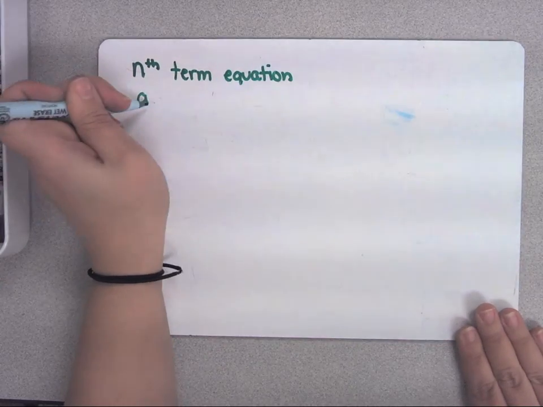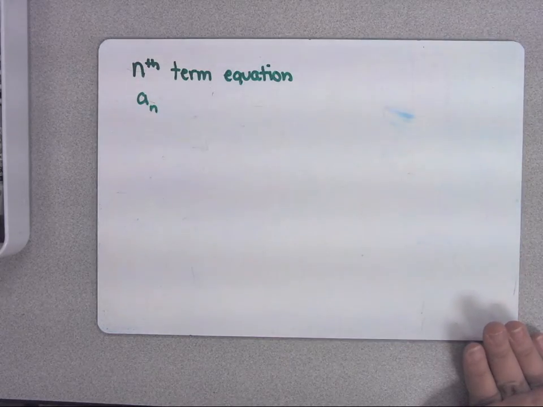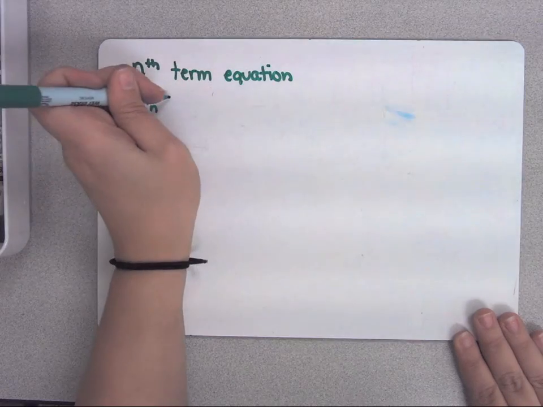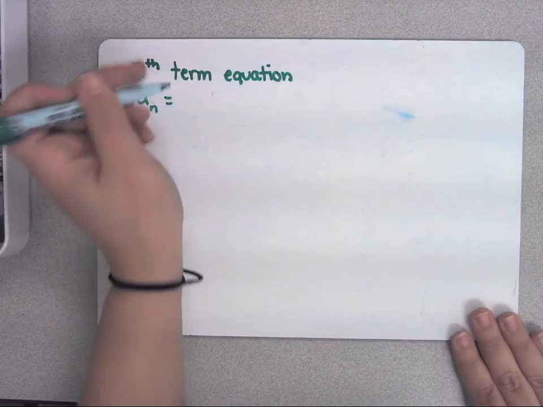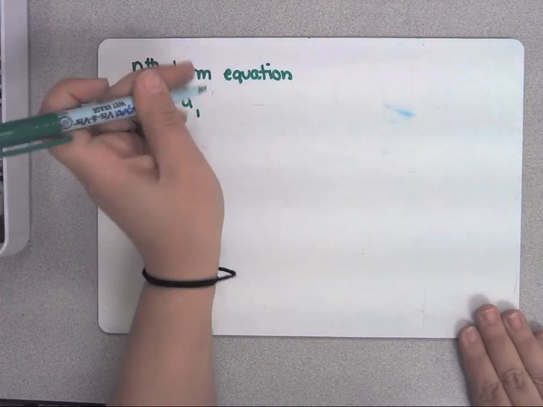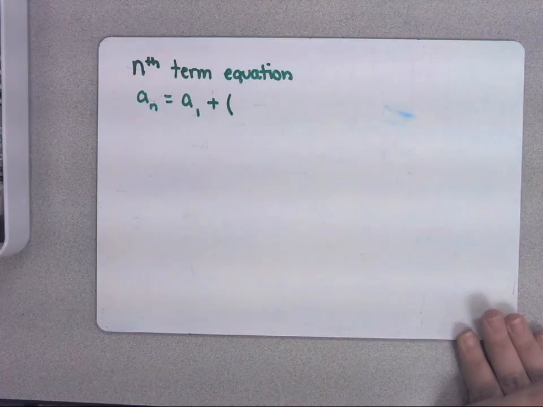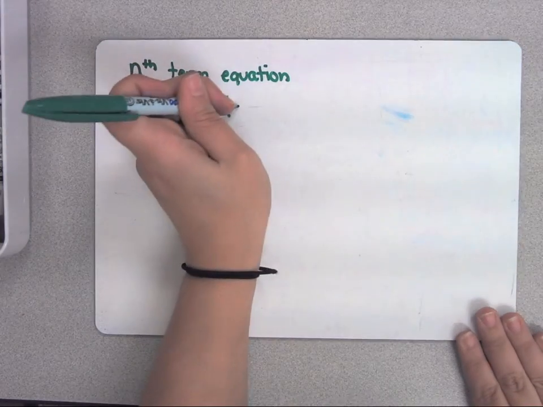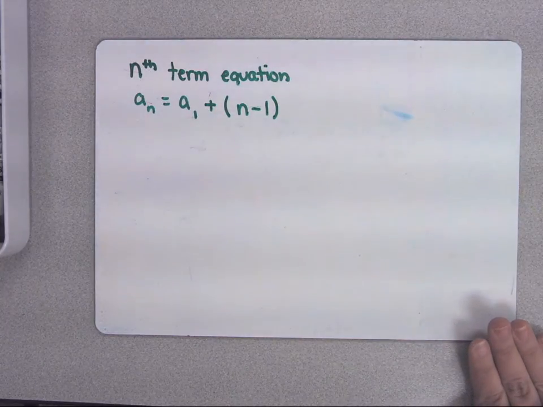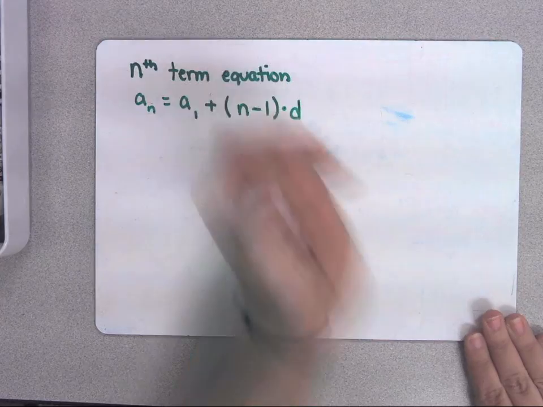A sub n, so little n on the bottom right. You know how we did y sub 2 to do the points? It's the same thing. Equals a sub 1 plus parentheses, n minus 1, close your parentheses, times D.